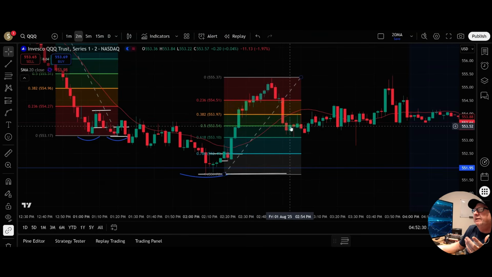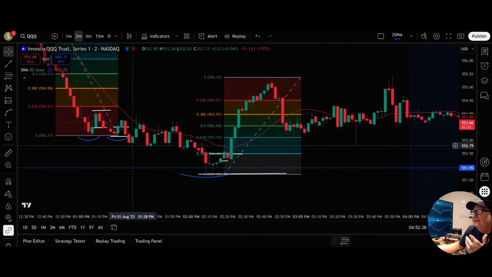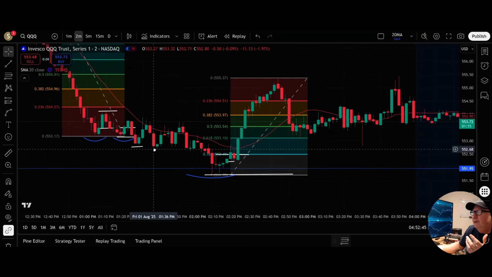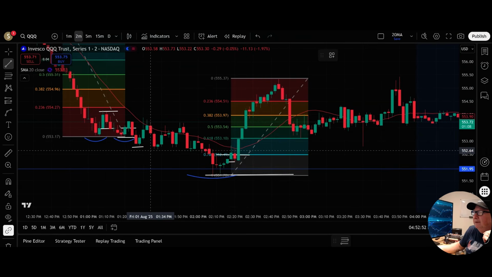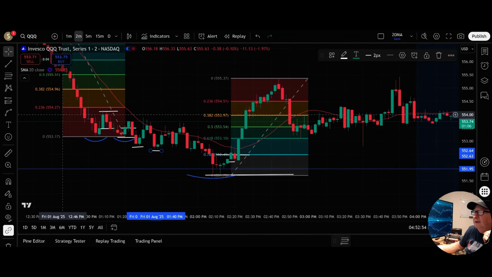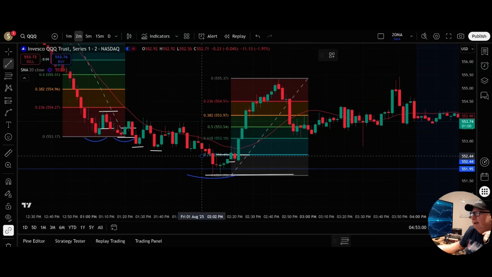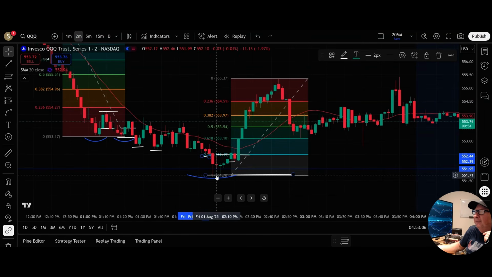And what I was doing, because the market had made lower lows and lower highs, here, a lower low, here, a lower low, and then another lower low at this final point.